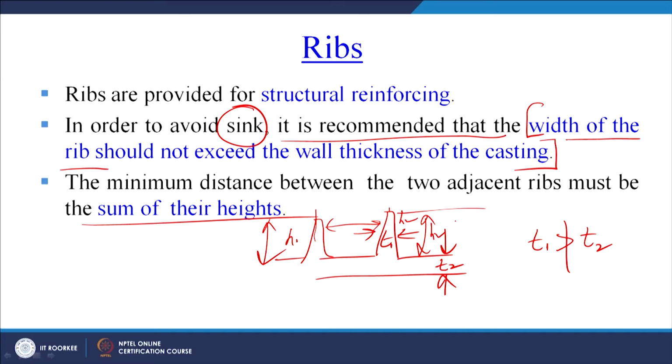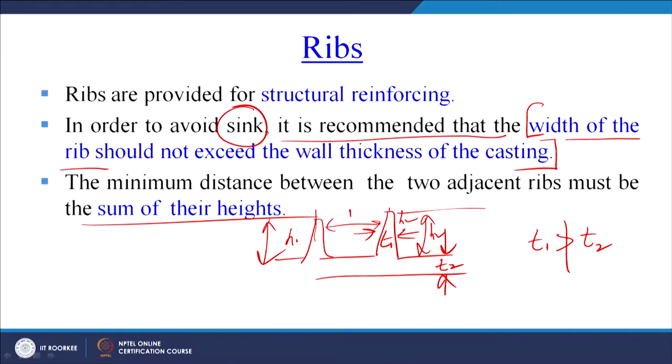So the minimum distance between two adjacent ribs must be the sum of their heights. We see the capital D as the distance between two ribs. D must be equal to H1 plus H2, and if H1 is equal to H2, we can write 2 times the rib height. That is the guideline that we must keep in mind.